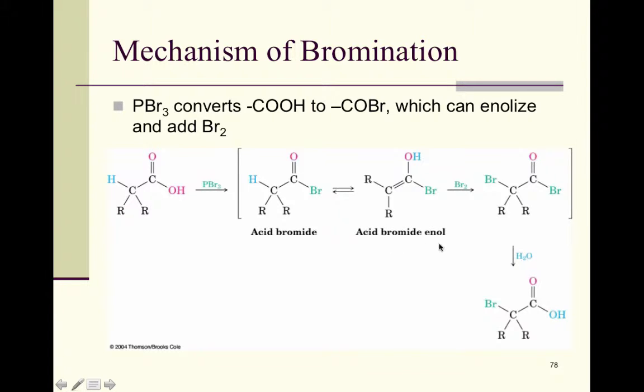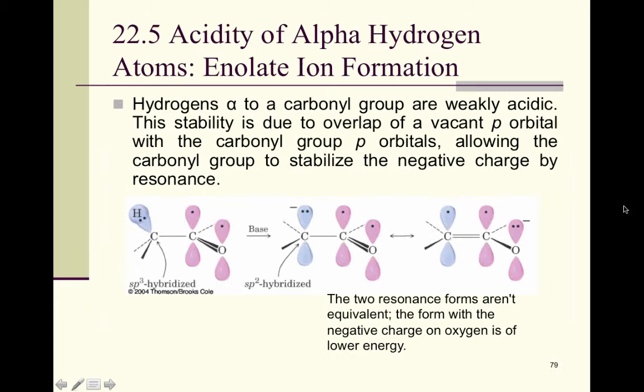After the acid bromide enol is formed, Br2 comes in, and at this point, our alpha position is now going to be substituted, and we will convert the Br back to an OH group using water, so our carboxylic acid piece is regenerated, and we also now have bromo on the alpha position.